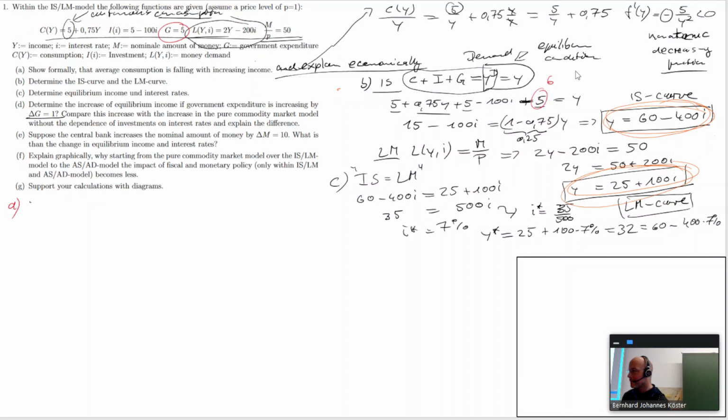If this is a 6, 5 plus 6 is not 15, but is 16. If this is a 16, then times 4 is 64. So this is a 64. If this is a 64, 64 minus 25 is 39.